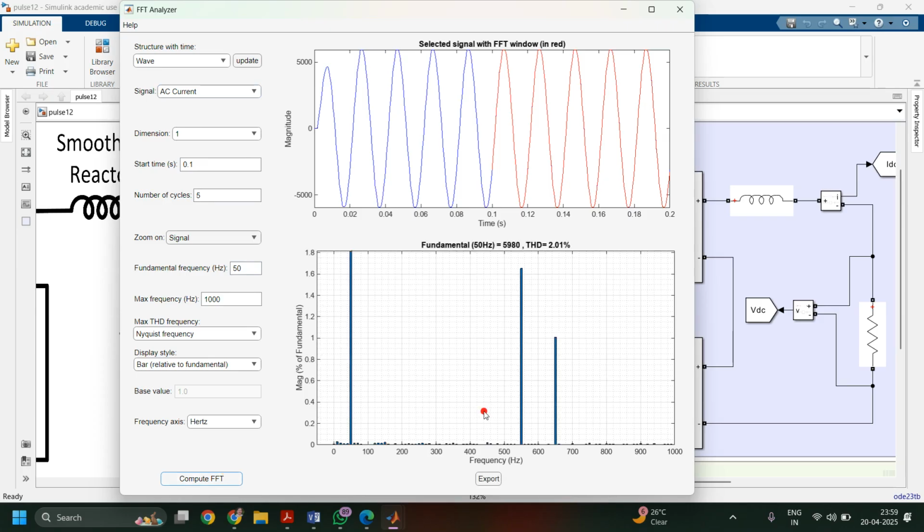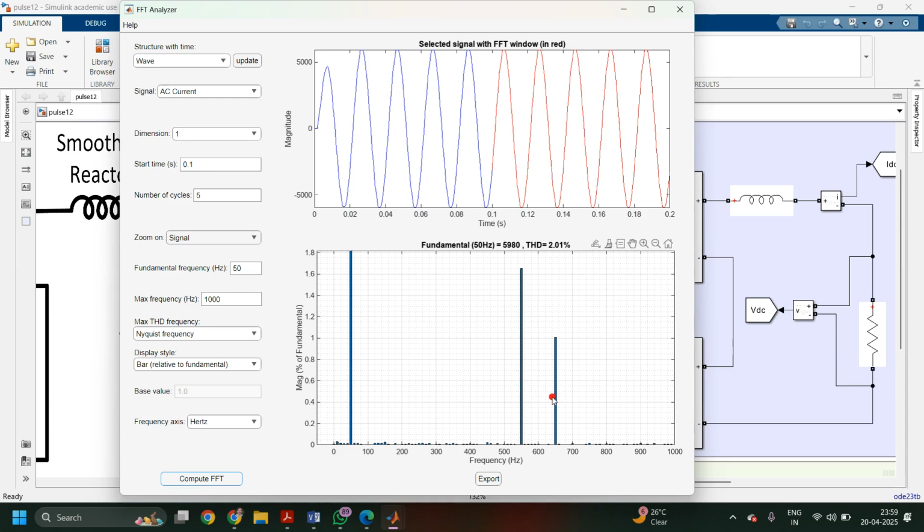Okay, so we observe that it is 2% THD. Which harmonics are dominant? It is 550 hertz, meaning the 11th harmonic, and 650 hertz, meaning the 13th harmonic. In a 12 pulse converter, the harmonics are 12p plus or minus 1: 12 into 1 is 12, plus 1 is 13, and minus 1 is 11.